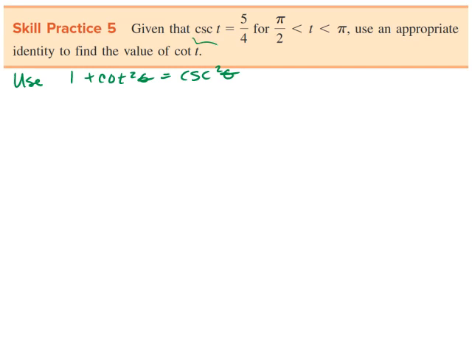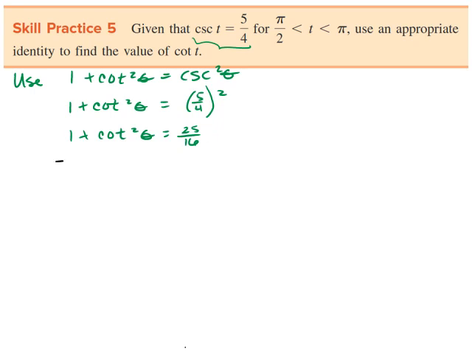Plugging in what I know for cosecant, I have 1 plus cotangent squared is equal to 5/4 squared. Proceeding and squaring each of these values, I get 25/16.